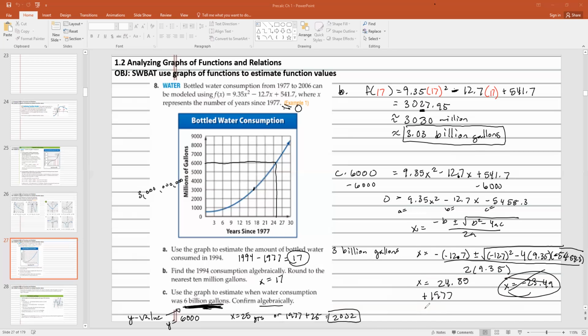You'll get 2001.85, so in between 2001 and 2002. All right, so close enough. And I guess that's it. So let's look at some more tomorrow.